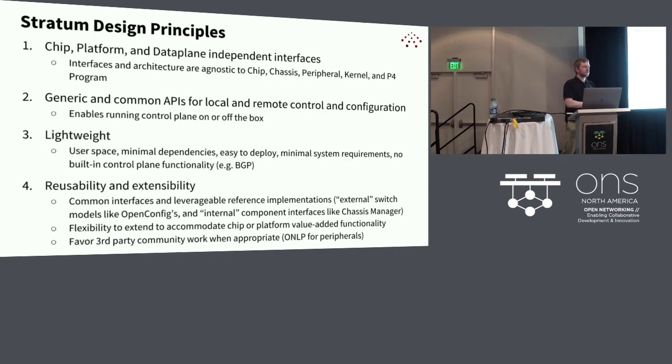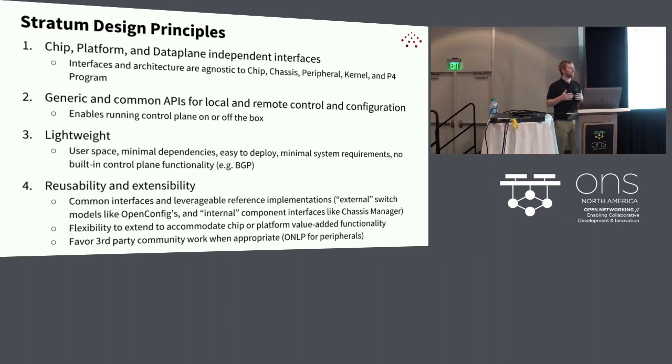So from a design perspective, when Google started the Stratum project and as a community, some of the principles we've adopted are first and foremost chip, platform, and data plane independence. That was something that Devjit just talked about. The second is we wanted a set of generic and common APIs that enable not only local configuration and control, but also remote control.